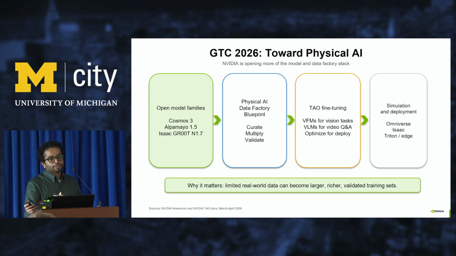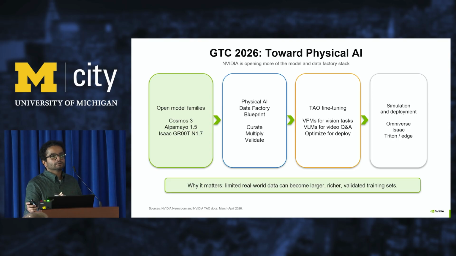Third one is fine-tuning, where TAO comes in. We call it TAO, which stands for Train, Adapt, and Optimize, which I'm going to talk about today. Essentially, it gives you the capability to fine-tune all of these vision foundation models or VLMs to your own domain and have them work in your particular domain. The fourth one is simulation.